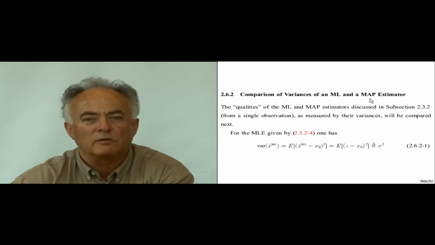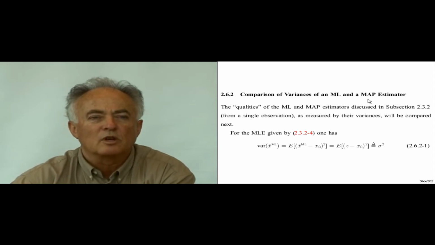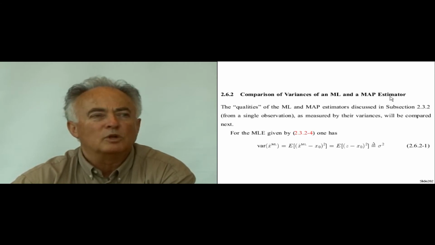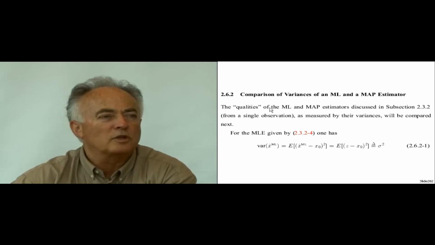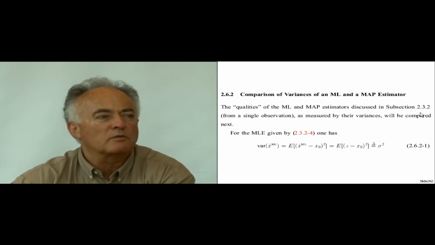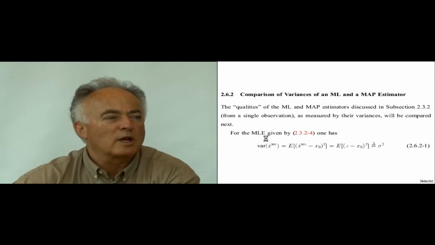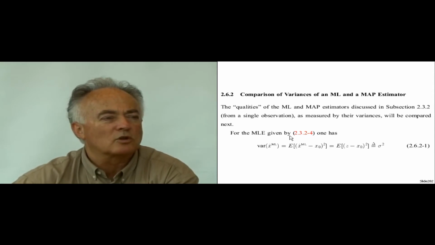So our intuitive expectation is that there would be some advantage, and we can quantify this in a moment, that the MAP estimator will have over the ML estimator. So the qualities of these estimators, as we discussed before, from a single observation, quantified by the variances, will be compared.